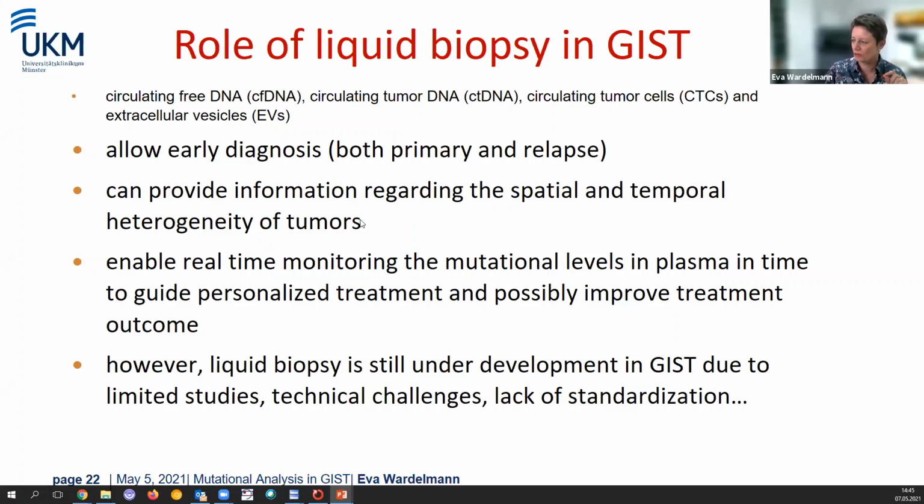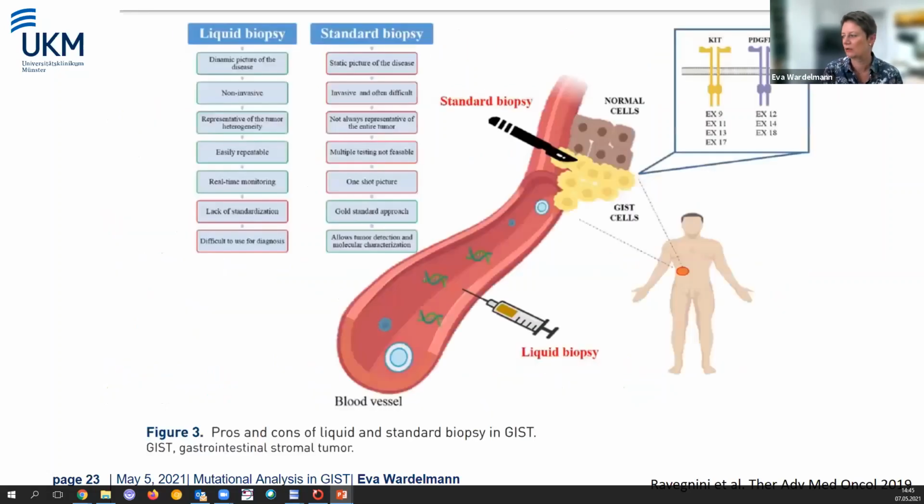To make a long story short, although it would be so nice to do this and to have all these opportunities, there are still technical issues, limited studies, and lack of standardization. So at this time point, I have to say that we are not already in a routine procedure. It's still an issue of research, and I'm very hopeful that one day we can use that as a very good procedure, but it's not routine nowadays.